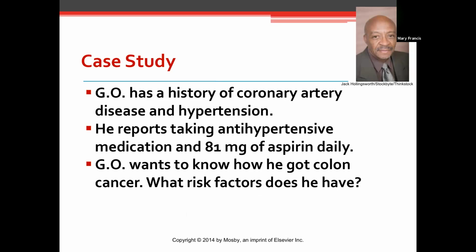GO wants to know how he got cancer and what risk factors he has. So some of the risk factors you would have to share with him: we don't know if he had a first degree relative, which would tell you that he is very much at risk. The cigarette smoking that he mentioned is a risk factor that he has.